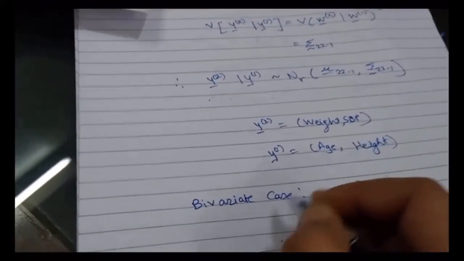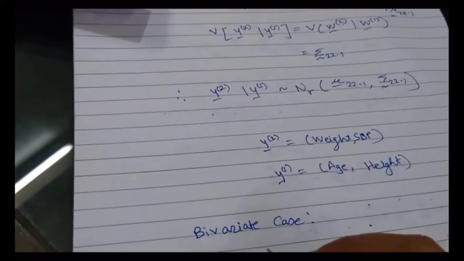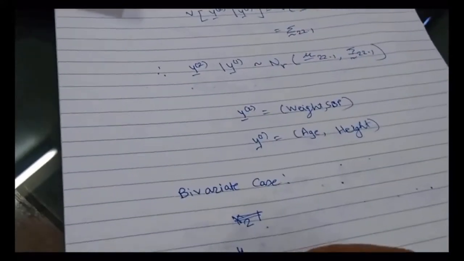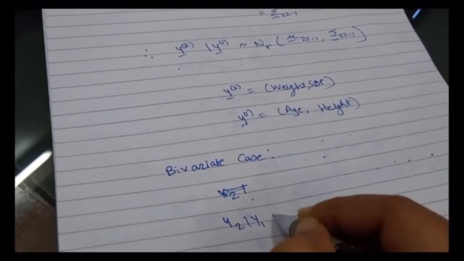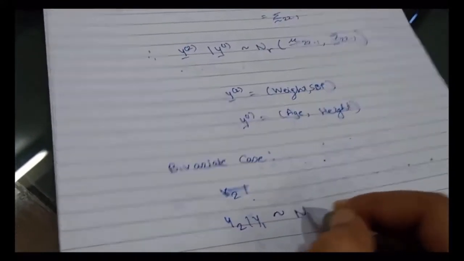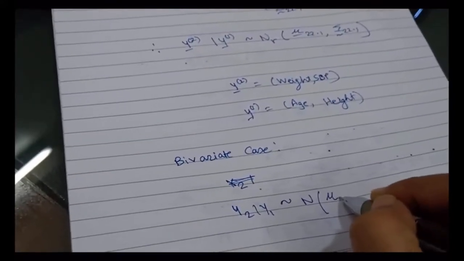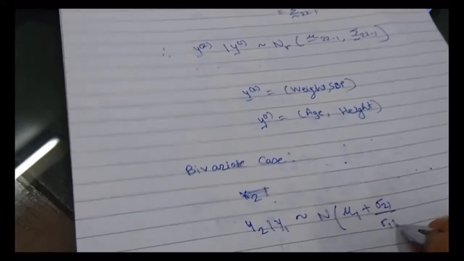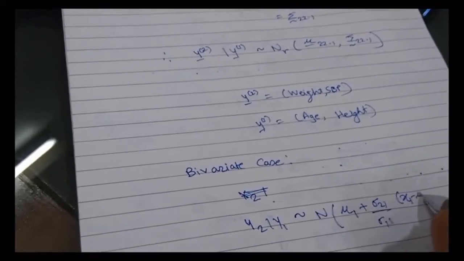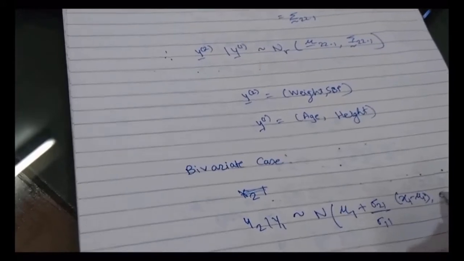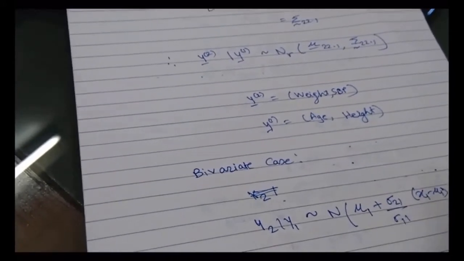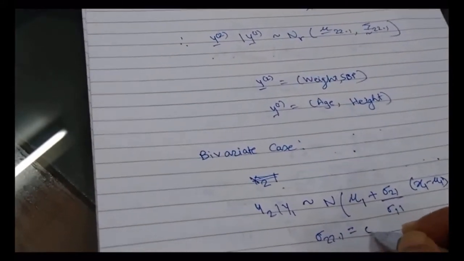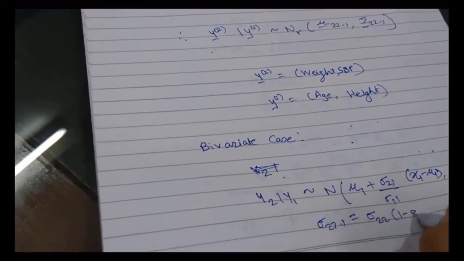In the bivariate case, the distribution of y2 given y1 is going to have a normal distribution with mean mu2 plus sigma 21 upon sigma 11 times x1 minus mu1, and variance sigma 22.1, where sigma 22.1 is actually sigma 22 into 1 minus rho square.